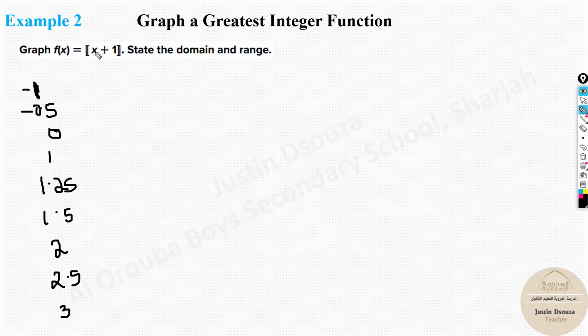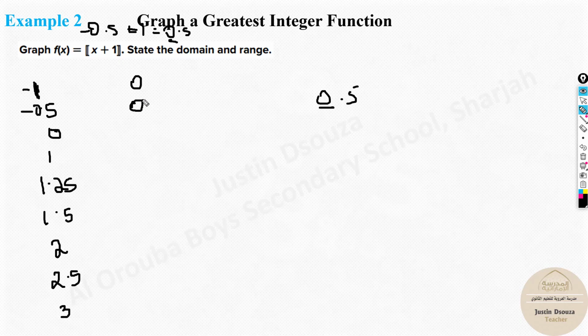Now, when I substitute this x value here, what happens? It'll be minus 1 plus 1, that is equal to 0. 0 is an integer, so directly write it. What about negative 0.5? It'll be negative 0.5 plus 1, that's positive 0.5.